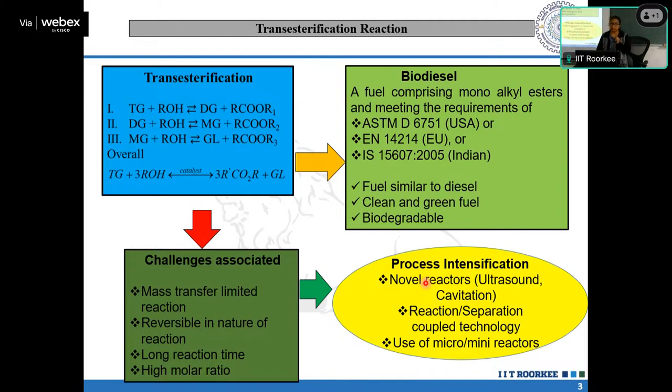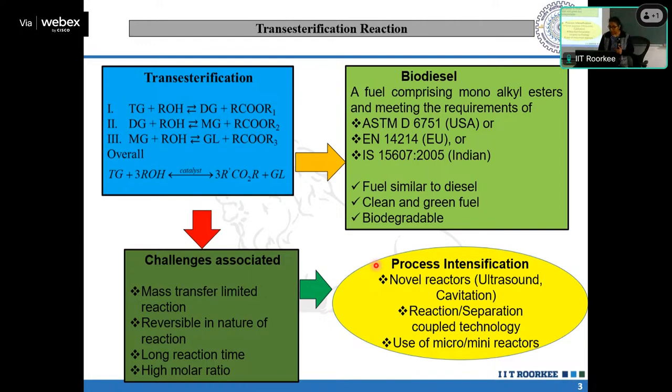The species that need to travel to the interface for the reaction have a shorter traveling path. So the mass transfer resistance, which is the slowest of all the stages in this particular reaction, is now taken care of through this miniaturization of the reactor.